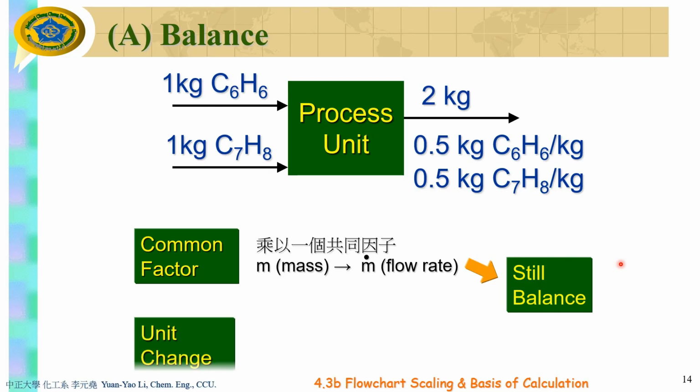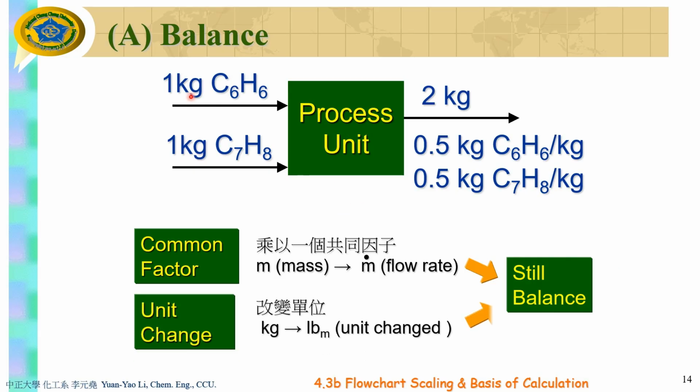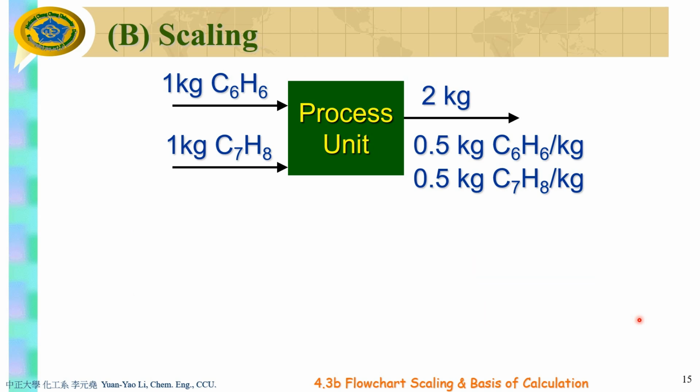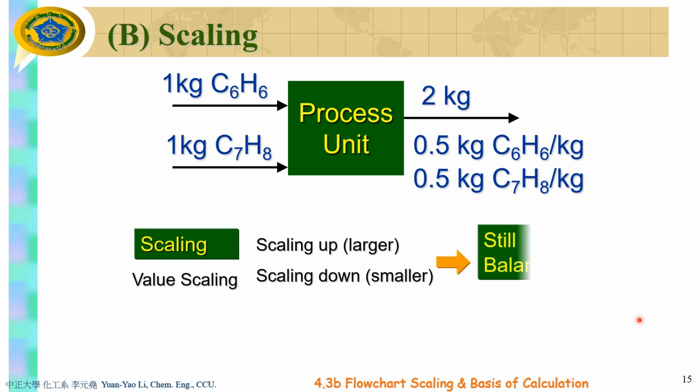Or can we change from kilogram to pound mass? Yes, that's no problem. This is also balanced. And also, can we scale up? Can we make it larger from 1 kilogram to 1,000 kilograms? Make it larger or make it smaller, that's okay.